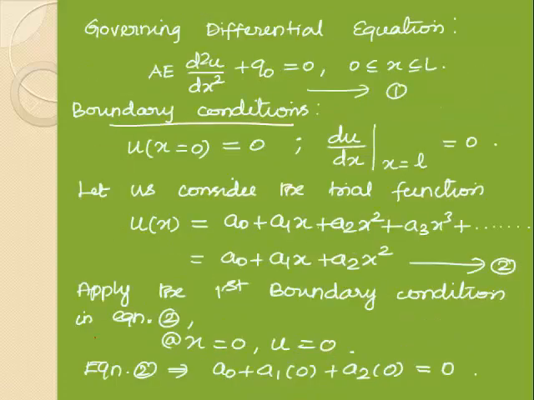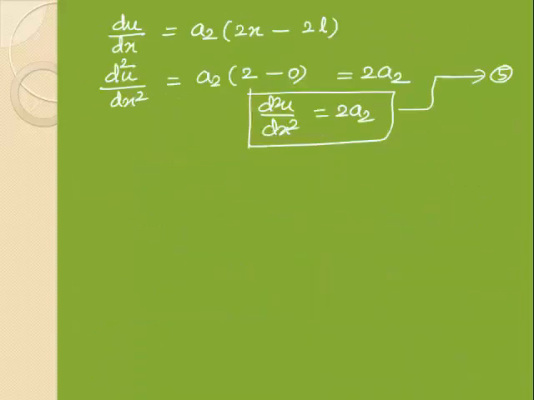Just substitute this value in equation 1. In the place of d square u by dx square, we can put 2a2. So ae into 2a2 plus q naught. This will be the residual function for our problem.